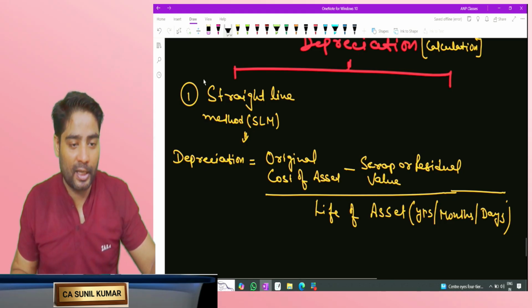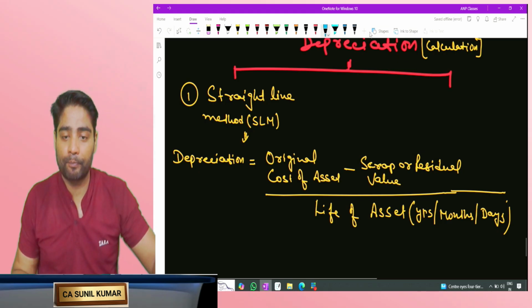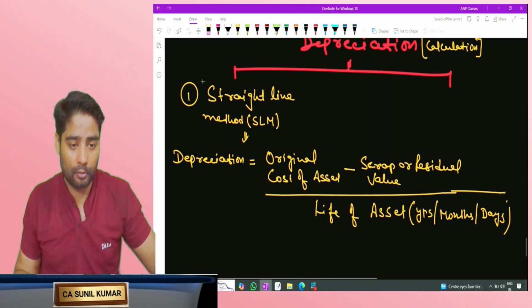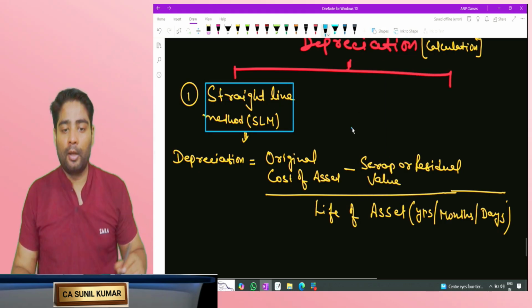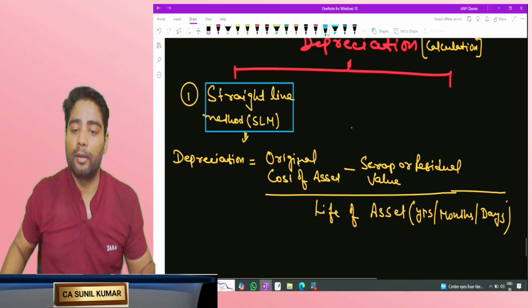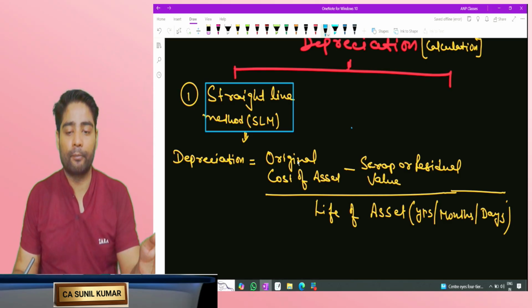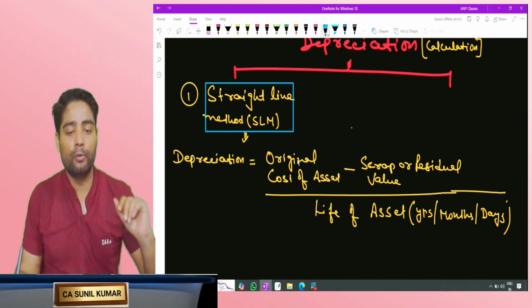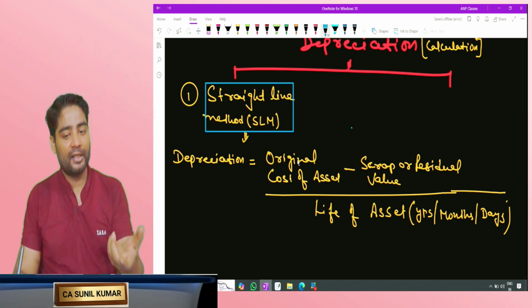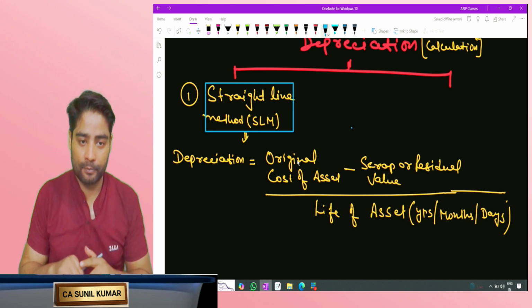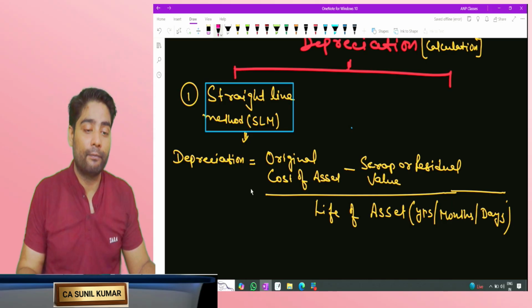Sir, we calculate depreciation under straight line method by subtracting the residual or scrap value from the original cost, and we divide the balance amount by the life of the asset. Sir, can you explain it with an example?